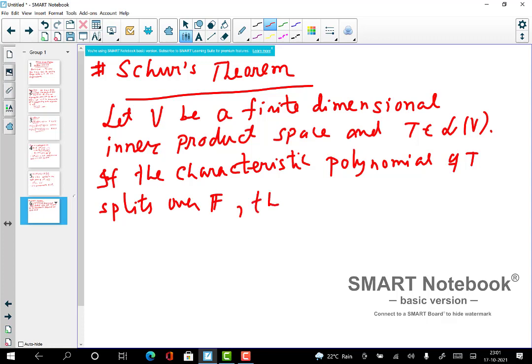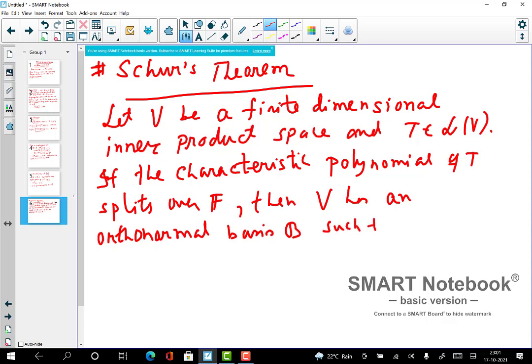Then V has an orthonormal basis B such that the matrix representation of T with respect to this basis is upper triangular.